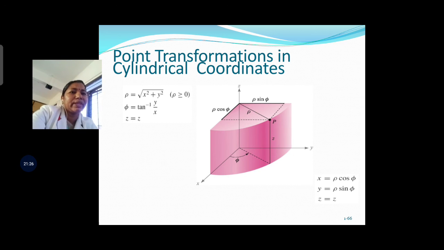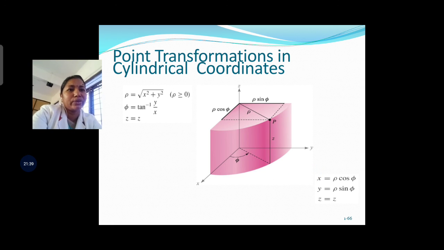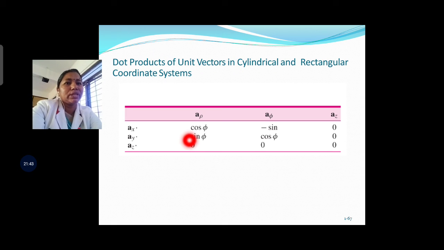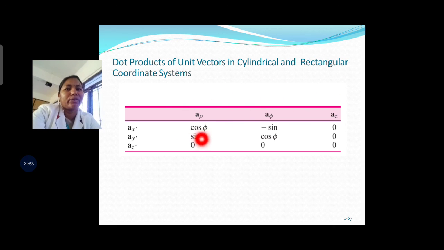Likewise, if the cylindrical coordinate system is given, then we have to calculate x, y, z. So x is equal to rho cos phi, y equals rho sin phi, and z equals z. We just substitute the values of rho, phi, z and then we will get x, y, z. So these are the equations. This is a table we have to refer to for transformation from rectangular to cylindrical or cylindrical to rectangular, whatever it may be.